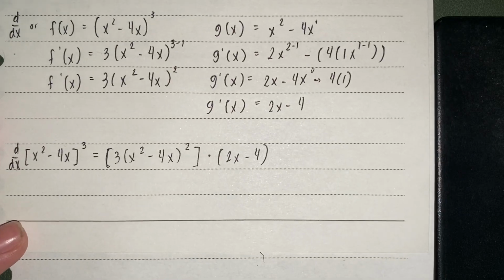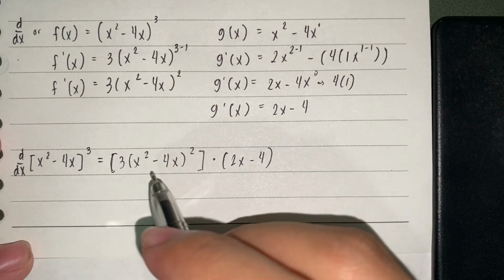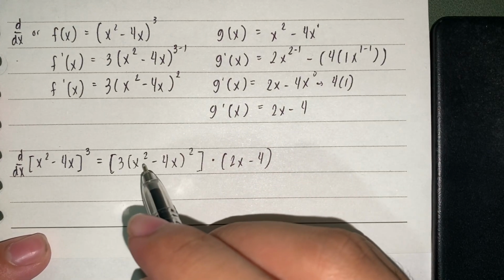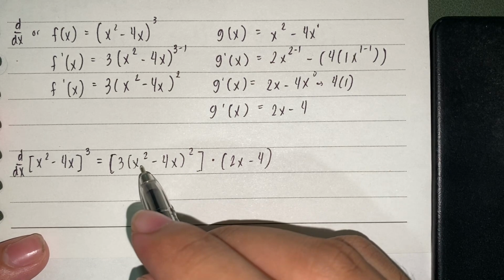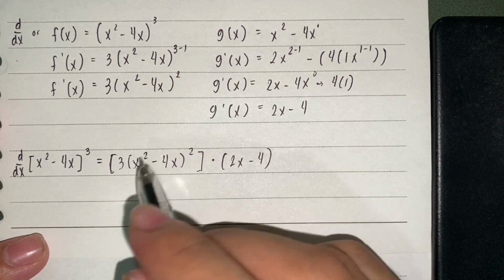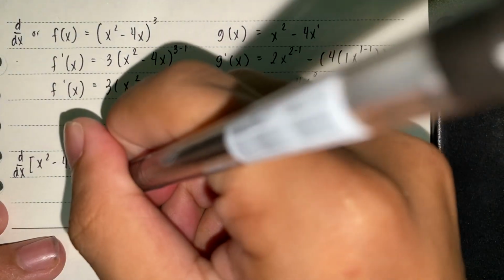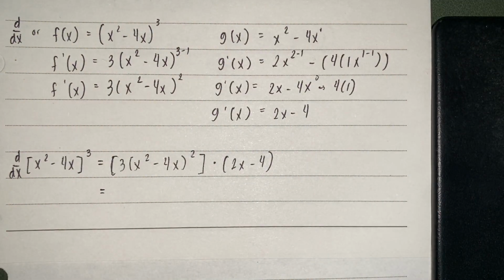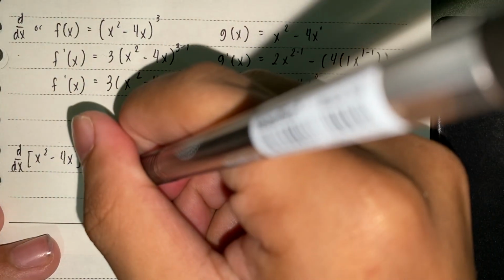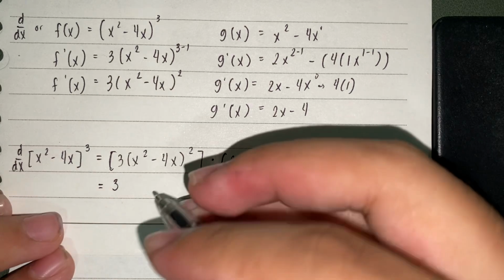Let's perform the operations where we're first going to square this binomial. By using the technique, we're going to copy the 3.